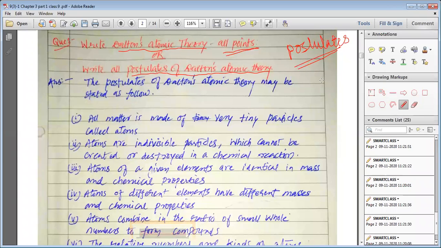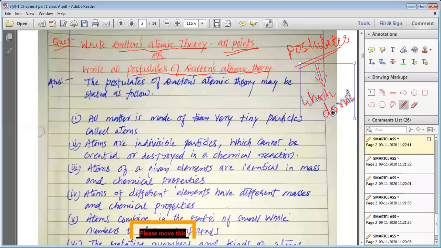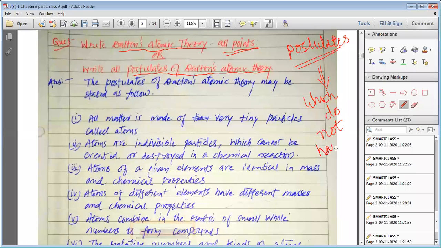Postulates are those statements which do not have experimental proof.